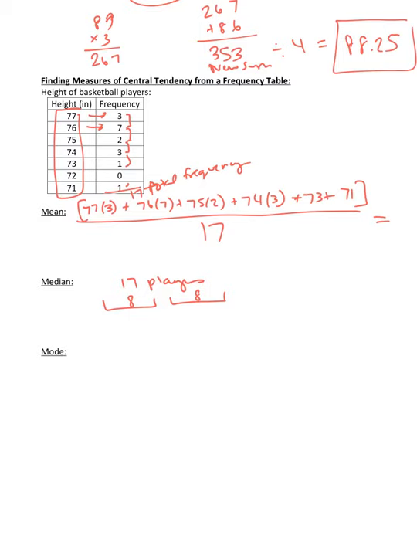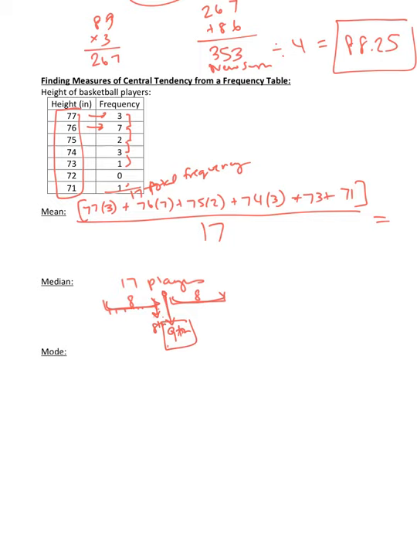So imagine them lined up here, the first guy, the second guy, the third guy, etc., till you get to the 17th guy. Sorry, let me erase this. So until here you get to the 8th player. And then this middle person, there'd be one person in the middle because 8 plus 8 is 16, and then we have one more in the middle. That would be your 9th player. So the 9th player is the median, is the middle.